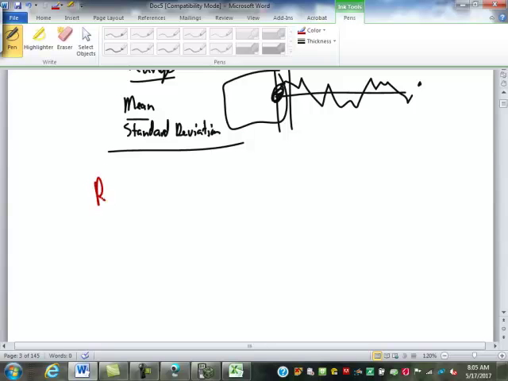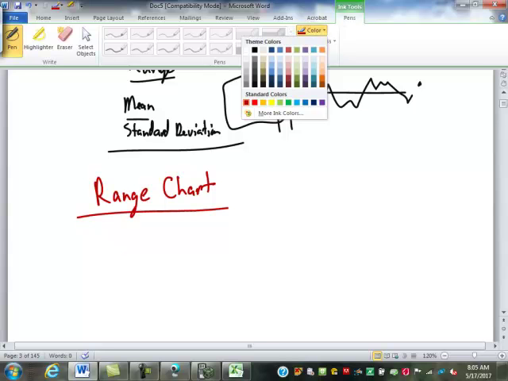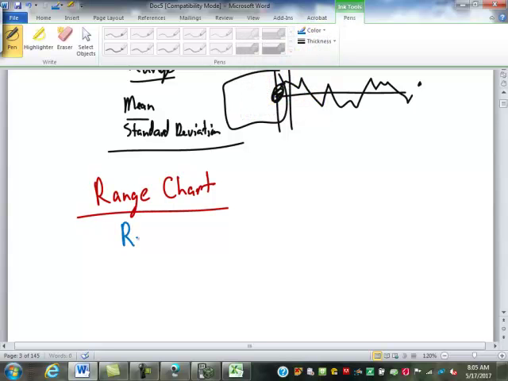We have what's called a range chart. After we've established that SPC can be applied, there are no predictable patterns, we'll take a sample of parts. It might be a sample of 5 parts at a time or 10 parts at a time. That sample will have a range, and that sample will have a mean.